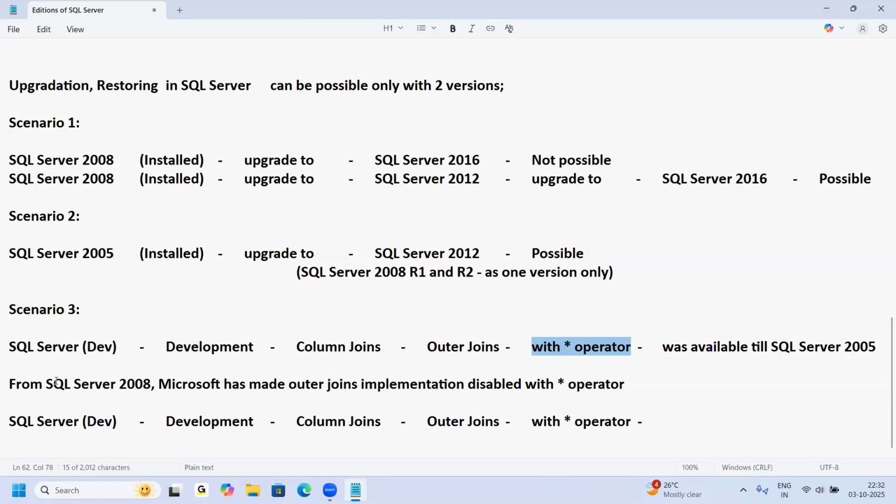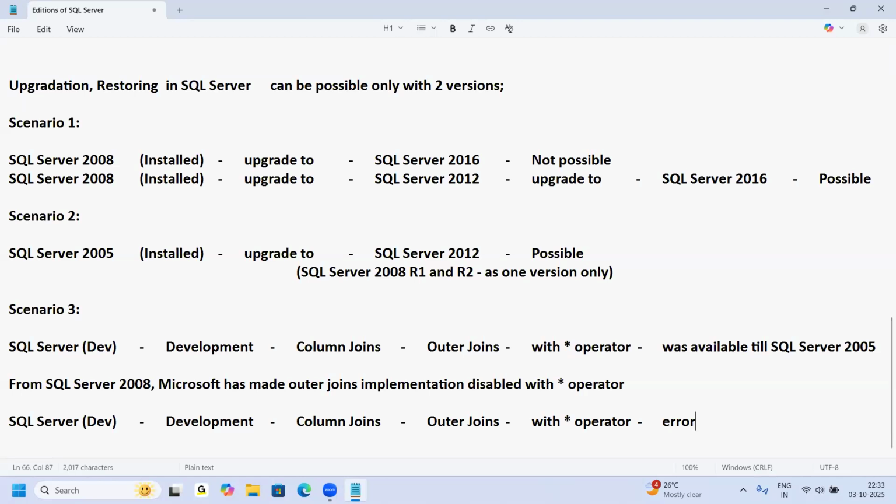From SQL Server 2008, Microsoft has made outer joins implementation disabled. It means if a developer writes column joins with outer joins with star operator, straight away he'll get an error. Error it is, you can't.